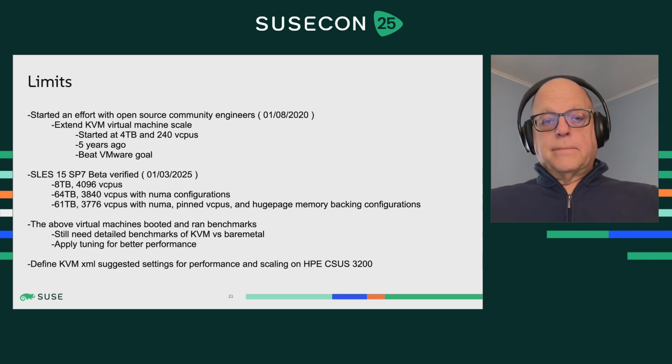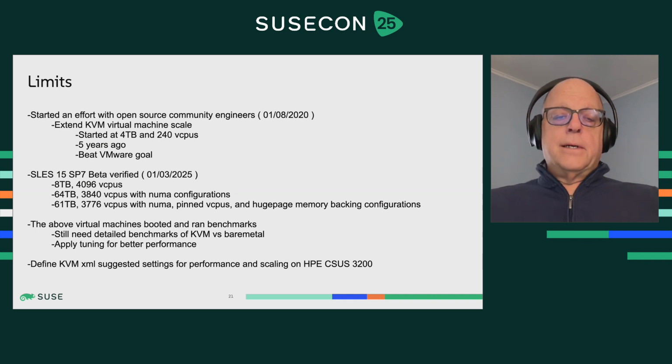So the limits. As briefly mentioned, we started five years ago, January 8th, 2020, to extend KVM virtual machine scale. We started at 4 terabytes and 240 vCPUs. It took us five years, and part of the key was to beat VMware. Now, we have tested SLES15 SP7 beta.